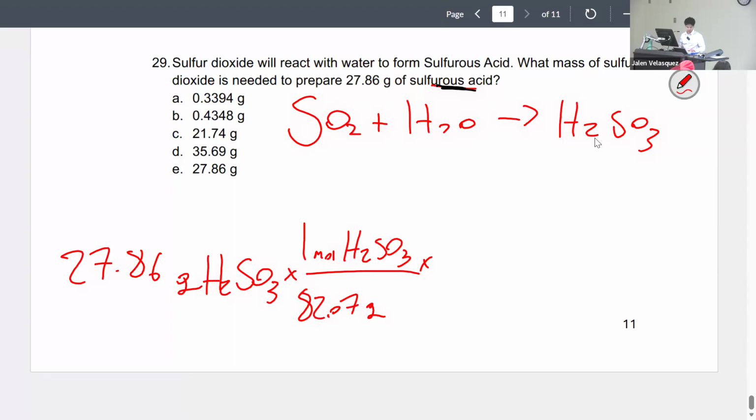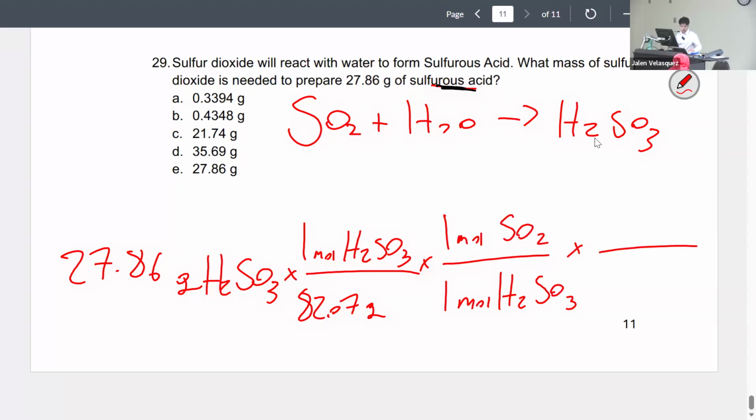Now that I have the moles of sulfurous acid, I can go to the moles of the SO2. And the equation was already balanced, so we didn't have to do anything there. And then from the moles of SO2 to the grams of SO2 using the molar mass, which is 64. And you should get C, 21.74 grams of SO2.